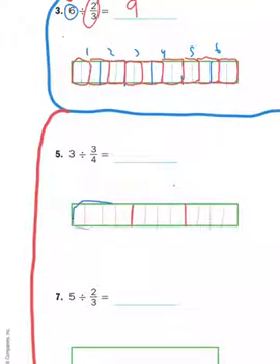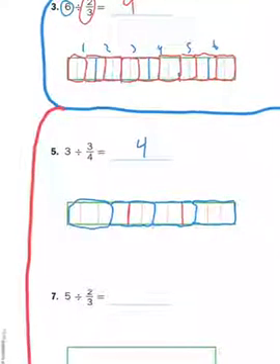So I'm going to circle every 3/4, or every 3 of those little pieces. There's 2, 3, 4. So I can get 4 groups of 3/4 out of 3 wholes. 3 divided by 3/4 is 4.